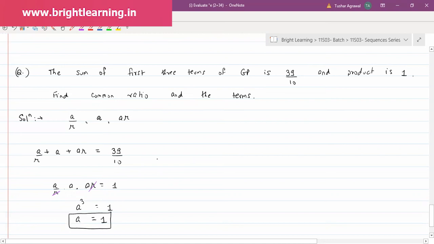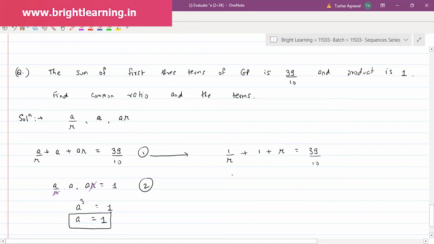Now just substitute here. This was my equation 1 and this was my equation 2. From equation 2 we got the value of A. So just substitute A equal to 1 over here. So 1 upon R plus 1 plus 1 times R, that is R only. This is equal to 39 upon 10.